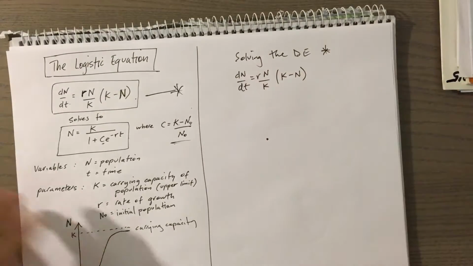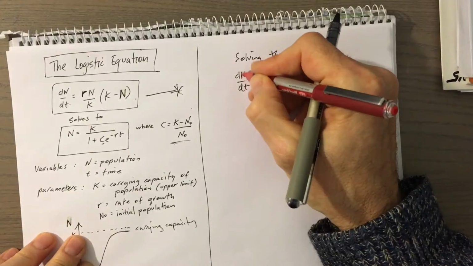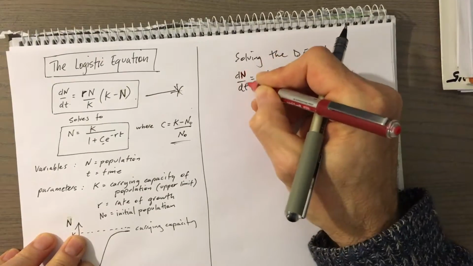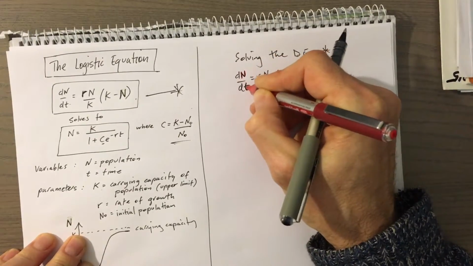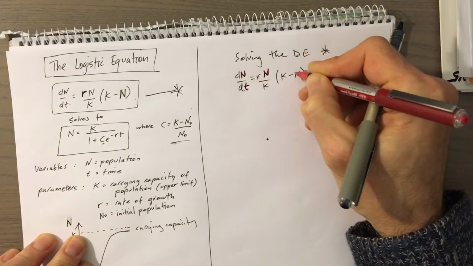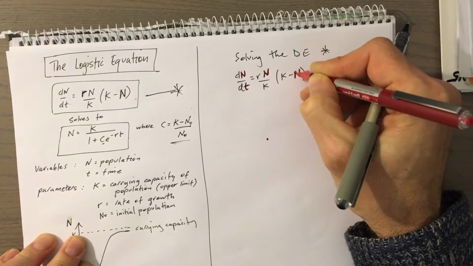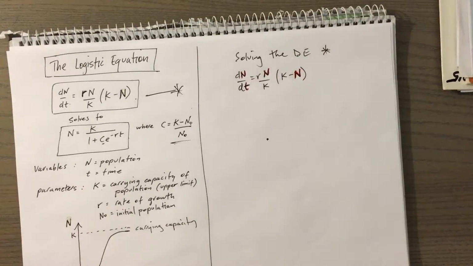The thing we've got to keep in mind here, because there are no numbers involved, it's all symbols, is that the variables are N and t. When we integrate, we need to make sure that the variables are the subject of our integration. In other words, they're the two variables.